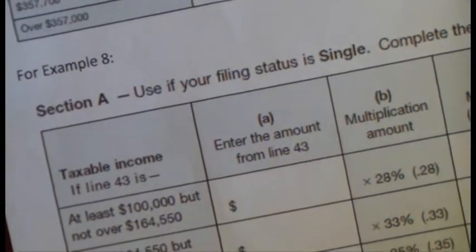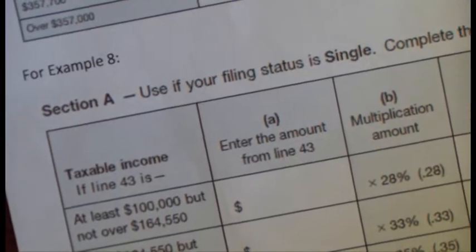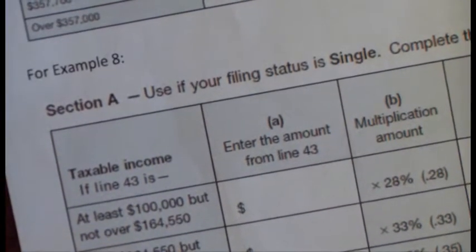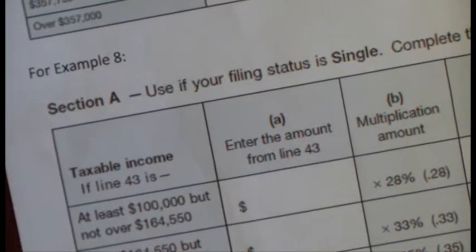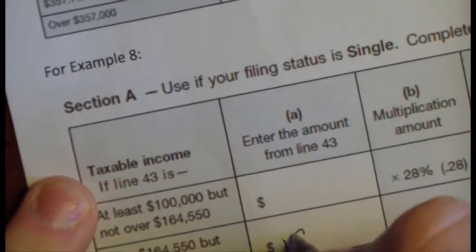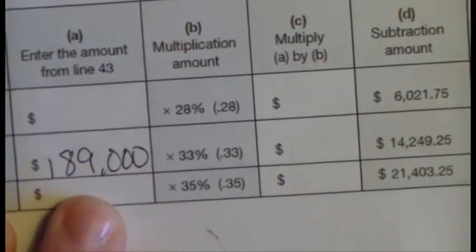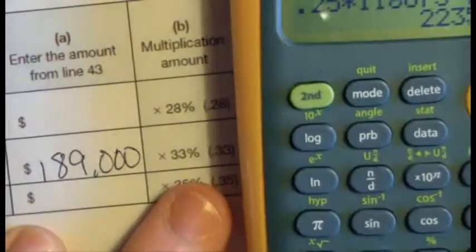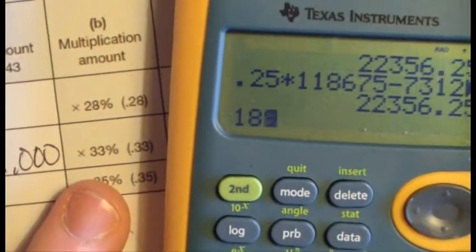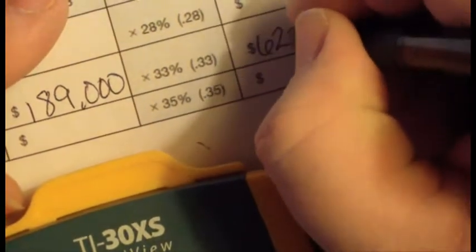So our first income is $189,000. So $189,000 is going to be in this row right here. So column A is $189,000. So to get part C, we're going to multiply by 0.33. So 189,000 times 0.33 is 62,370.